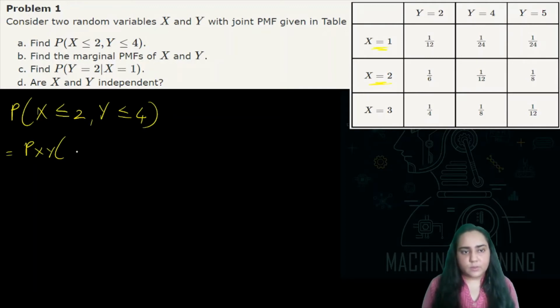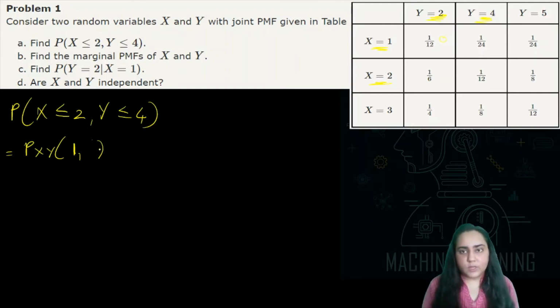So we're just going to write down 1 and leave some space for y. Let's say that x is 1. What can be the value of y which is less than or equal to 4? Y can be less than or equal to 4 if the value of y is either 2 or 4.